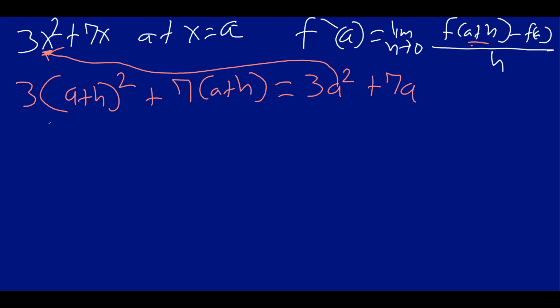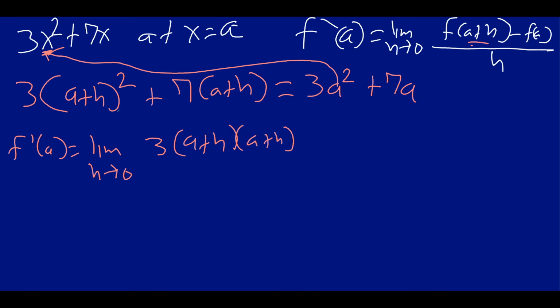Okay, so now I have f prime of a equals the limit of h approaching 0 of 3 times a plus h squared, plus 7 times a plus h, minus 3a squared plus 7a, in parentheses.